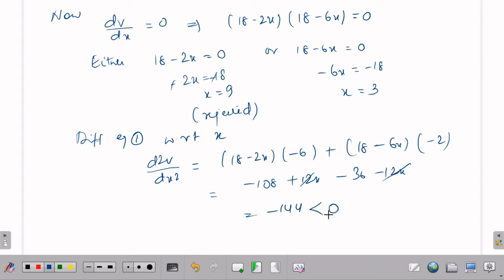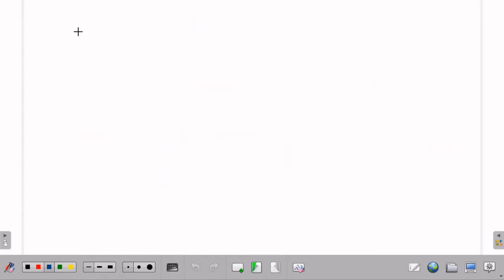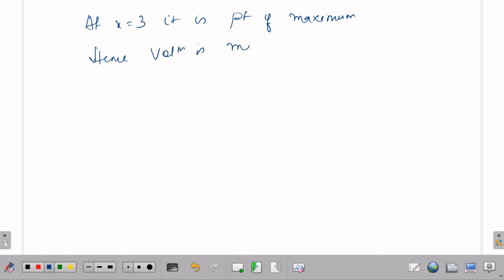Minus 144 is less than 0. So less than 0, remember, it's always maximum, okay? So once I got less than 0, at x is equal to 3, it is the point of maximum. So once I got this maximum, I can say that hence volume is maximum. I have to prove that only.